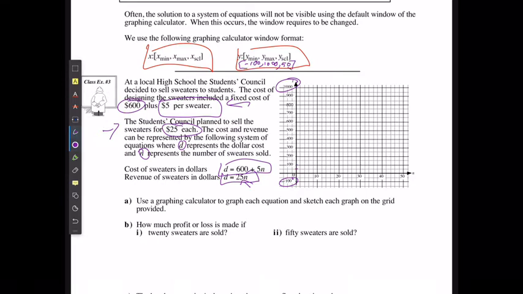We can also see that they changed our n values, so it looks like it goes back to about negative 10. It's going to a maximum of what looks like 50 or 55. And then each one of these little ticks is going to be worth 2.